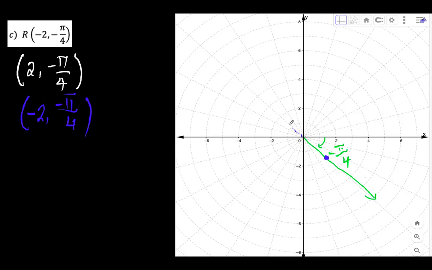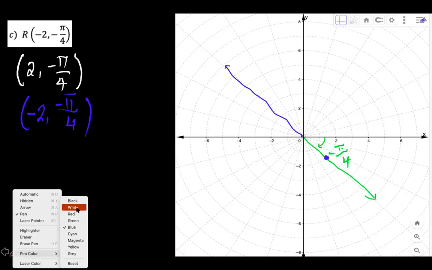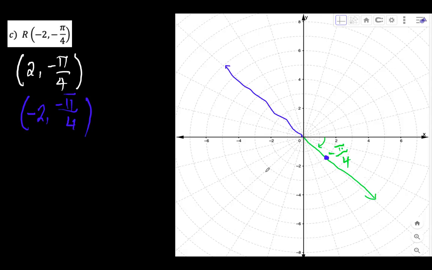Here we go. And of course, let's plot the point by identifying the radius. That's 2. So the point can be found somewhere here. Okay, so this is now the point that we're looking for. Sorry, that's R, -2, -pi/4.